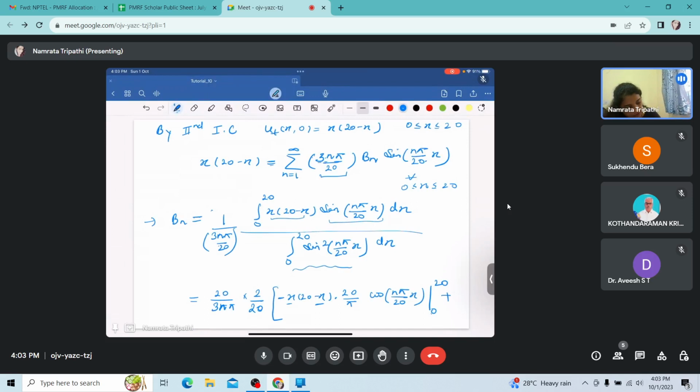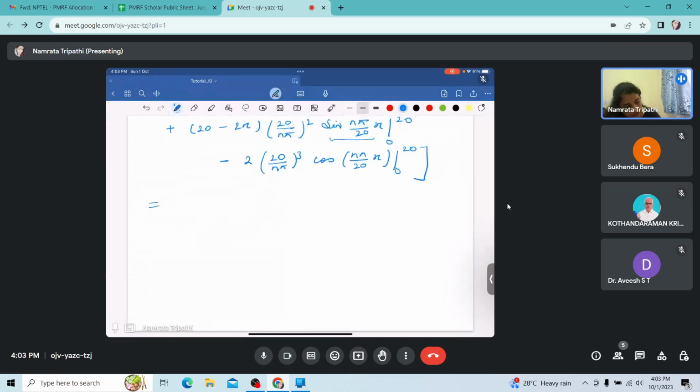So we are left only with this third term, and after multiplication with the coefficient, you will get, at the place of 0, cos 0 is 1, and cos n pi is minus 1 power n.